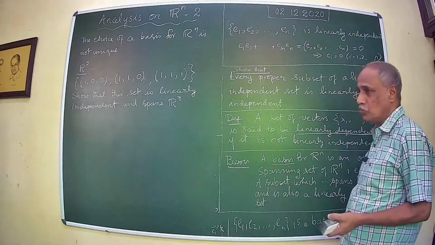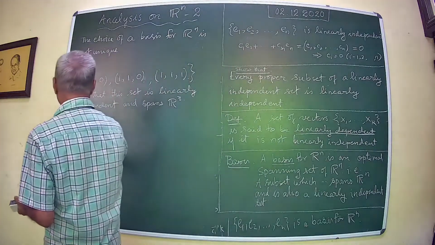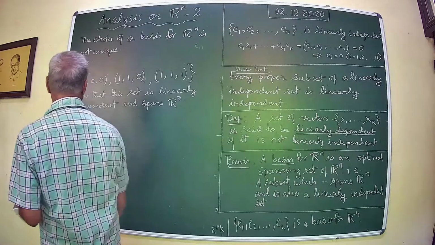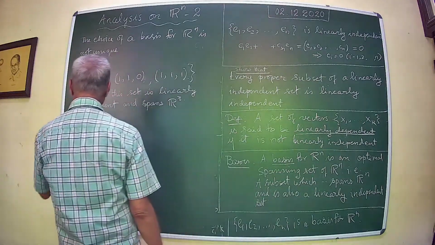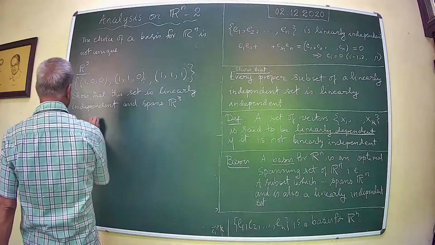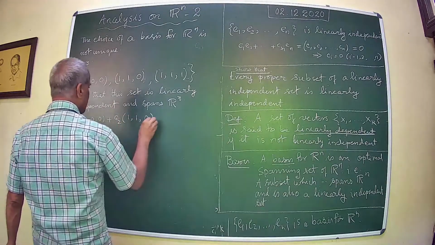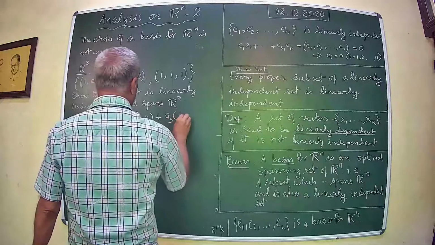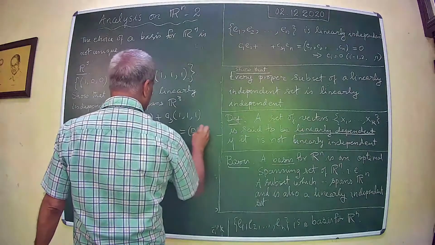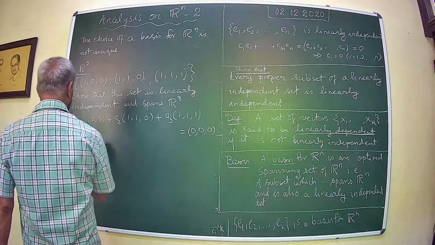All that you need to do is this. Take any vector in R3, say (a1, a2, a3). What you want to do is write a1 (1, 0, 0) plus a2 (1, 1, 0) plus a3 (1, 1, 1) equal to 0 if and only if a1 equal to 0.